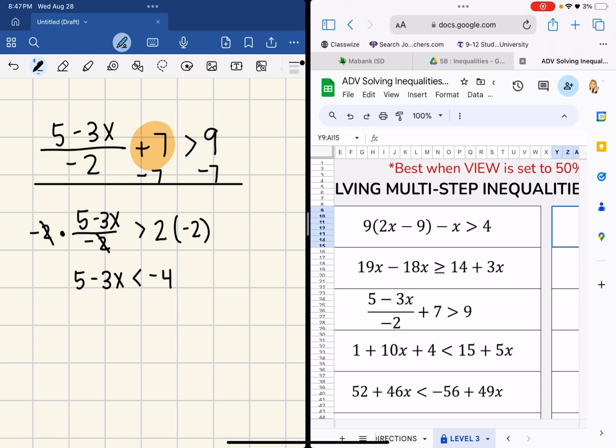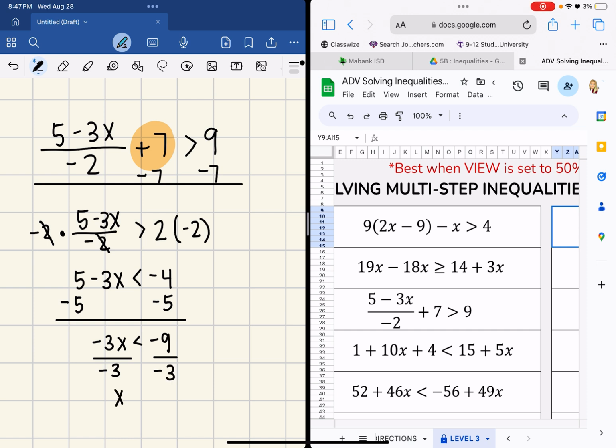Then I have to subtract 5, moving my constants to the right. So I'm left with negative 3x is less than negative 4 minus 5, which is negative 9. Notice my variable is negative, meaning I'm going to have to divide by another negative, so my sign is going to flip again.